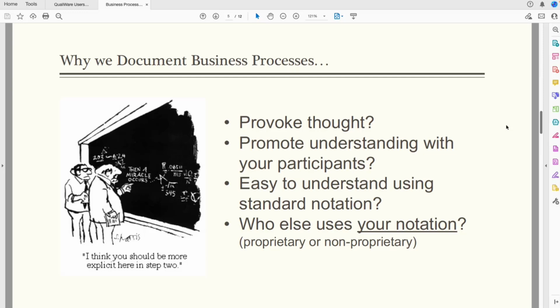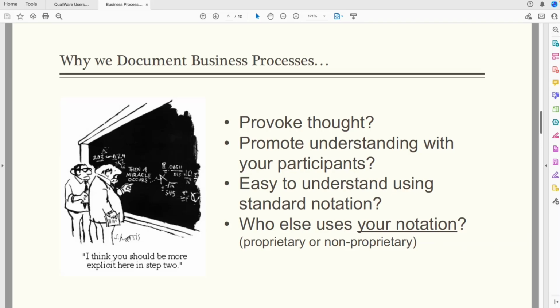And I've seen a lot of bad process diagrams in my days. I've been doing and teaching BPMN since 2006, and I've had a lot of models presented to me for review or critique, comment, corrections, and there's a lot out there. But they should always provoke thought. That's the number one thing.